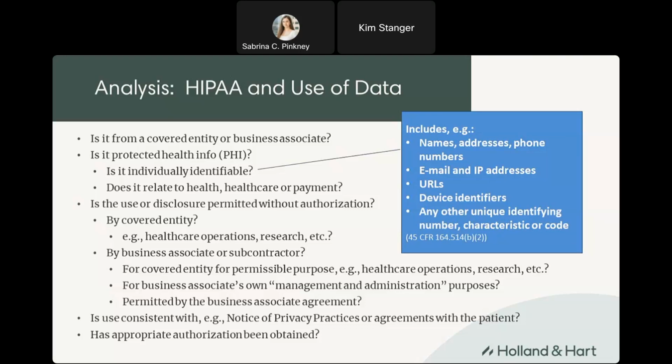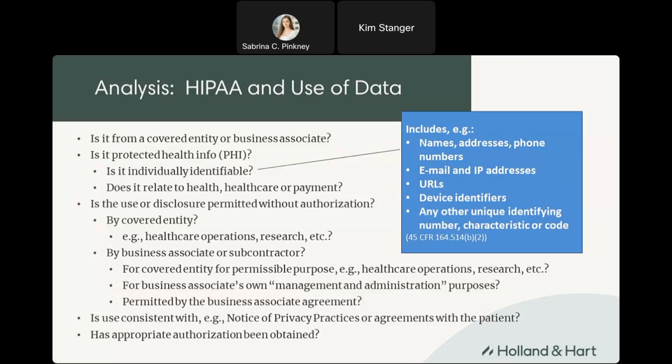They can't use it for any purpose that the covered entity couldn't use it for. So again, their use would have to be for the covered entity's healthcare operations, treatment or payment purposes. There is an exception for the business associate's own management and administration purposes, but that's probably very narrow. It's not for any purposes that it wants. We'll talk about that more in just a minute.